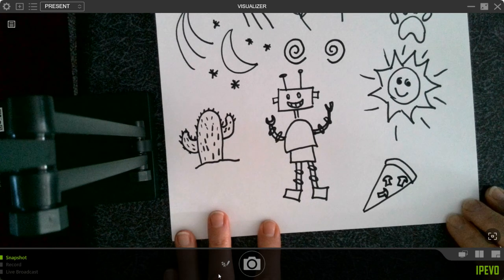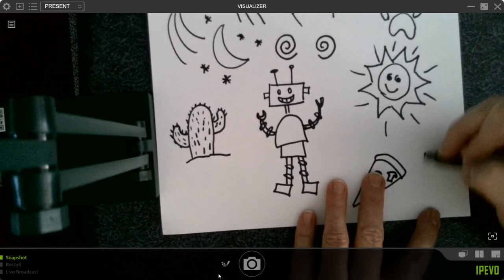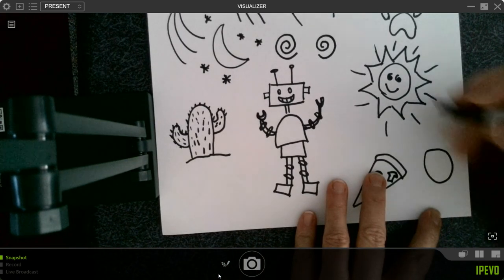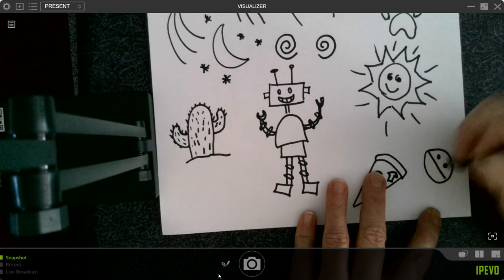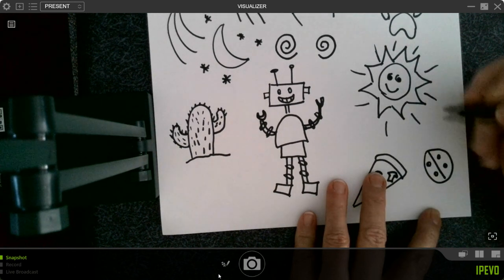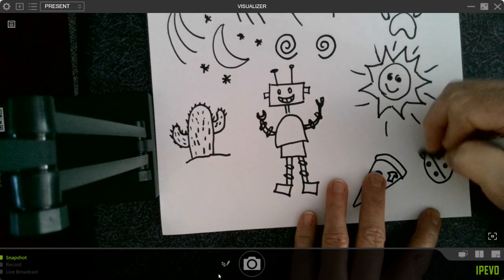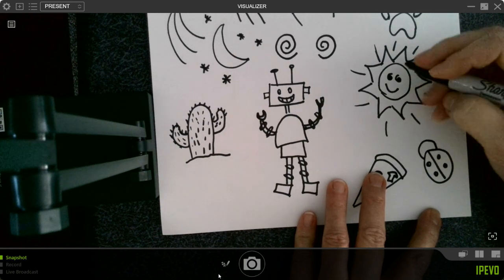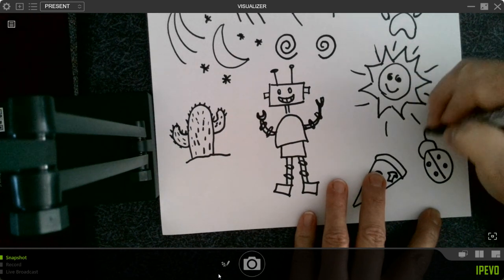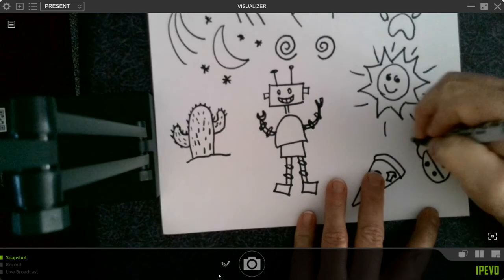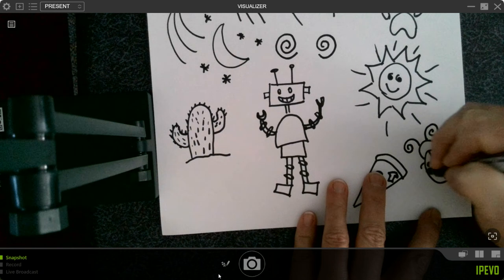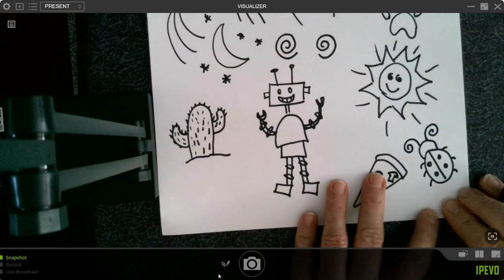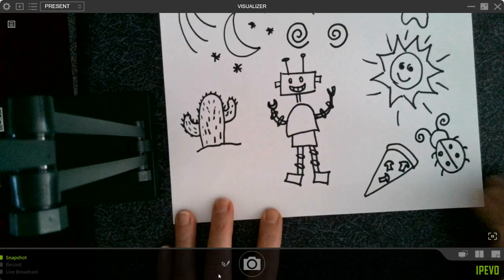And now I'm going to draw a ladybug. Remember, a ladybug's an insect, so it has 6 legs. I'm going to draw waves.